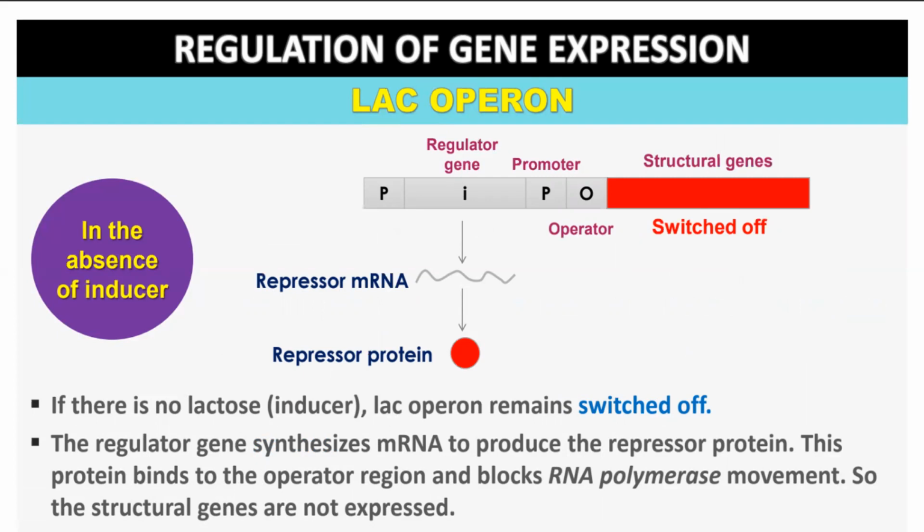Why is the permease required? To bring the lactose in. If this was completely switched off, there would be no permease. So they keep this active but in minute quantity.